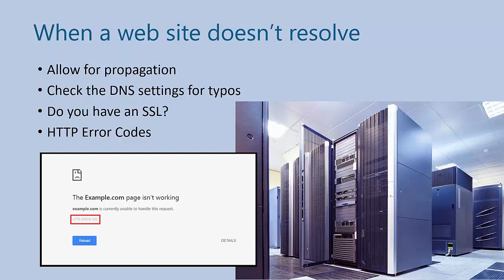As Kimberly was going over the different DNS records, things like A records or CNAME records, if even one digit or one letter is wrong, it's not going to resolve correctly. So it's imperative that all the settings that are given are correct. And if they're not, they would have to go back to their host and ask them to check it again, give them the correct settings, and then reconfigure the domain. And then typically that fixes the issue.